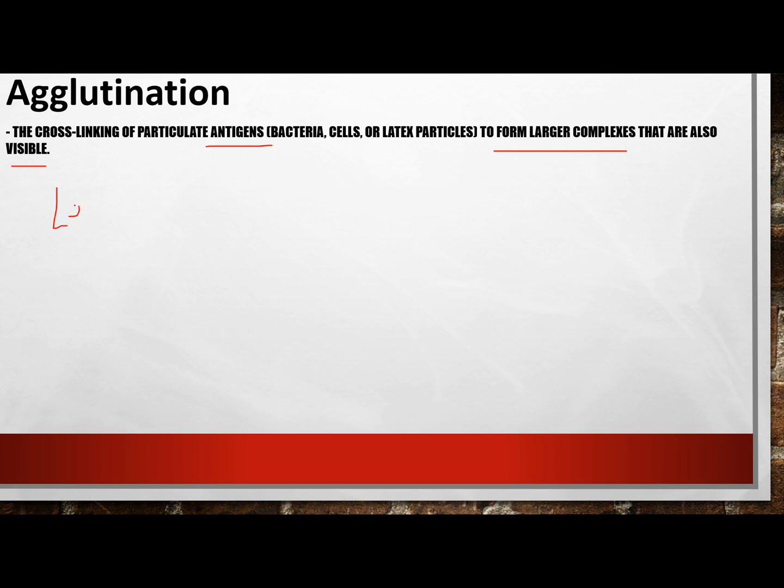So, in your lecture class, it was defined what an antigen is. Now, if we are going to go to the definition of antigen, let's talk about the two types of definition it has.